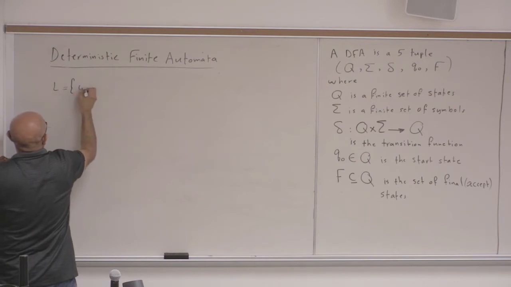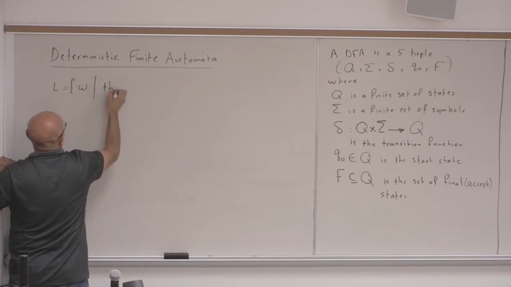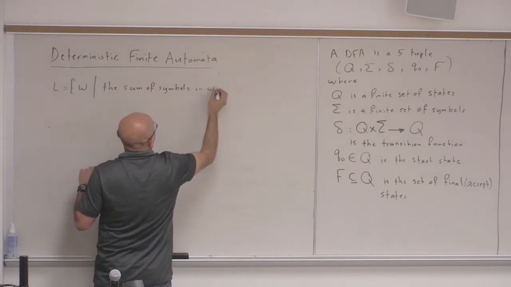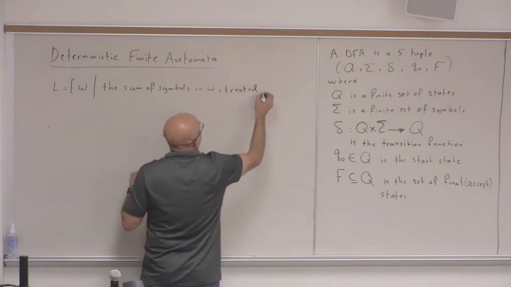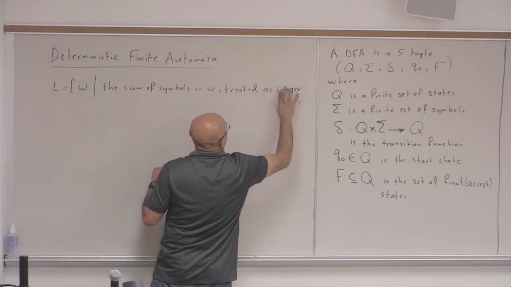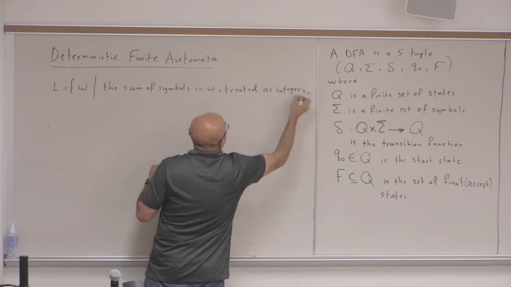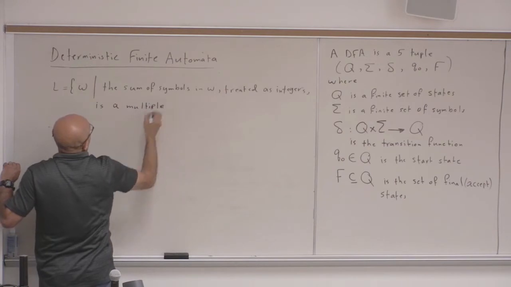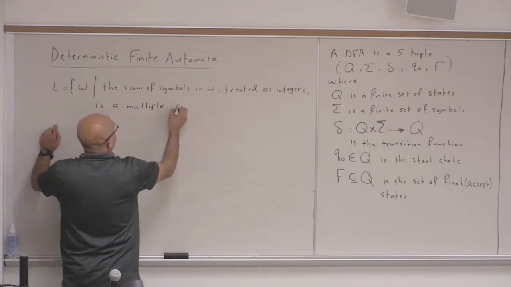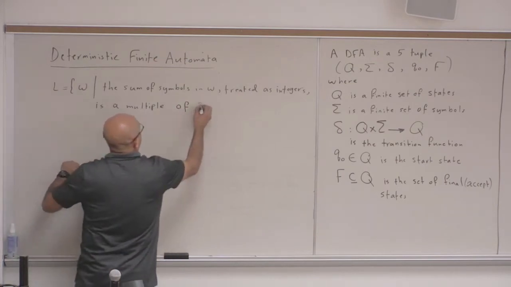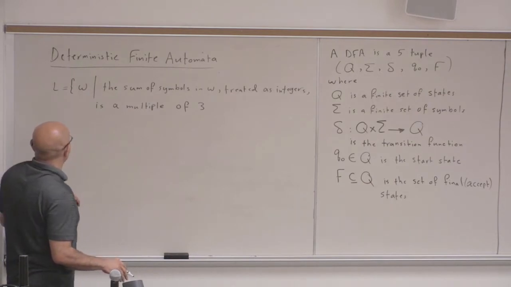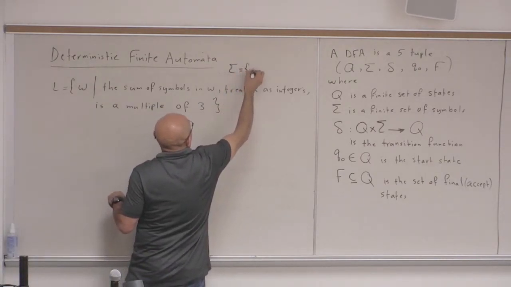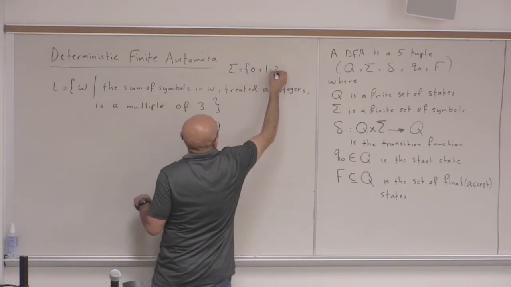L is the set of strings W such that the sum of symbols in W, treated as integers, is a multiple of 3. Our alphabet is 0, 1, 2.